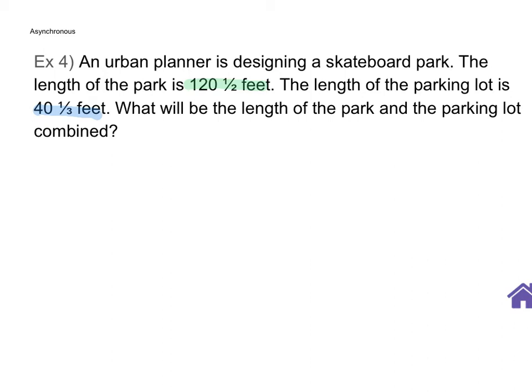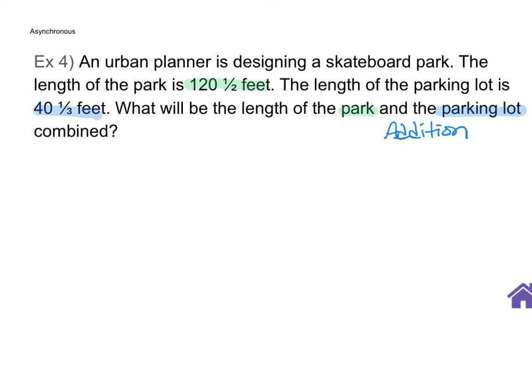And it says, what is it going to be of the park and the parking lot combined? So I need a total length. When I have to find the total length, that would be addition. So I need to use addition.